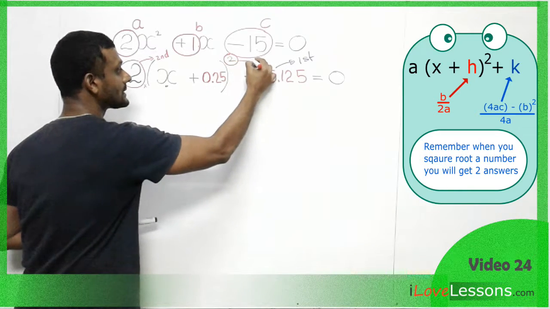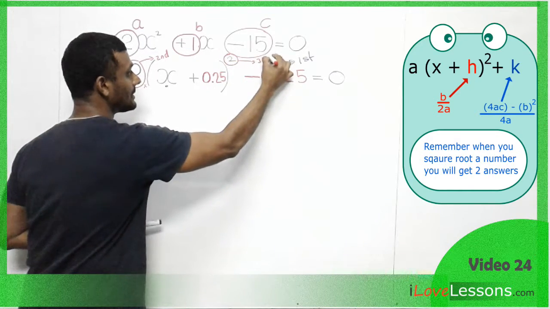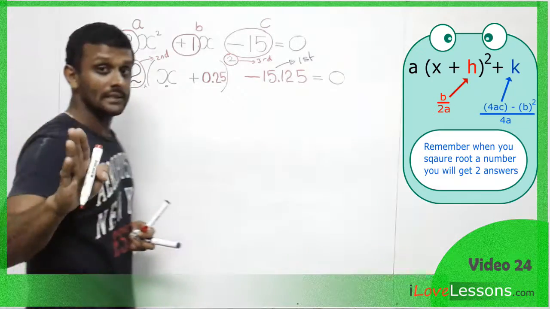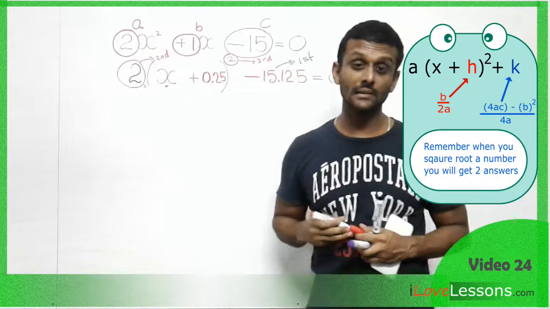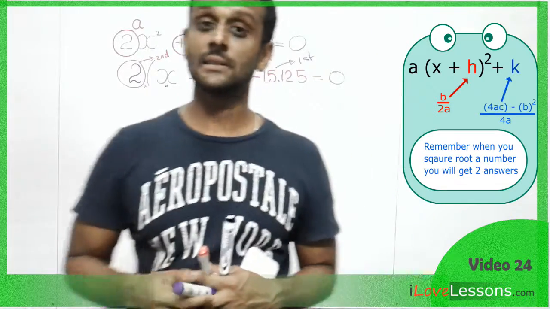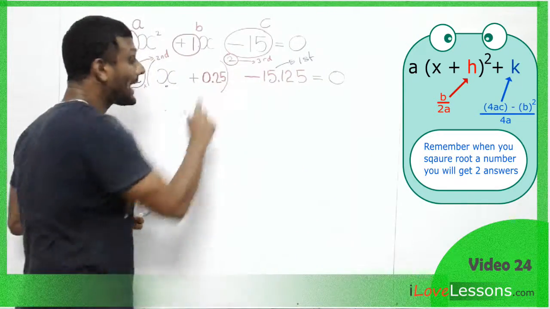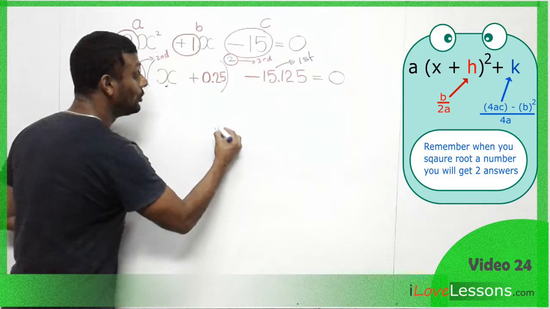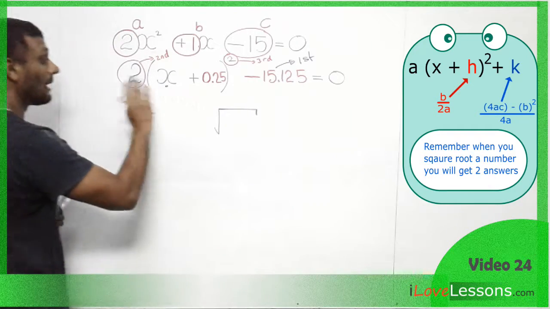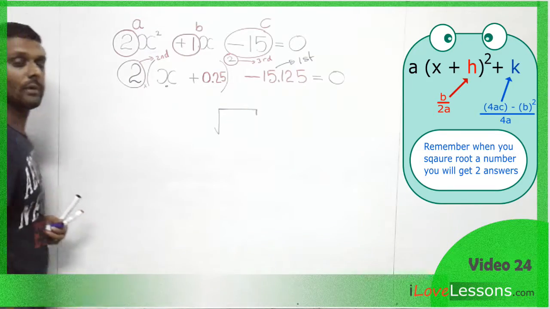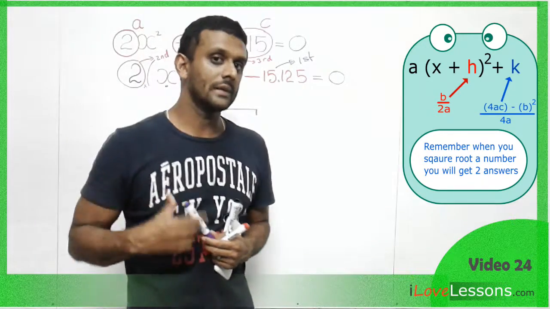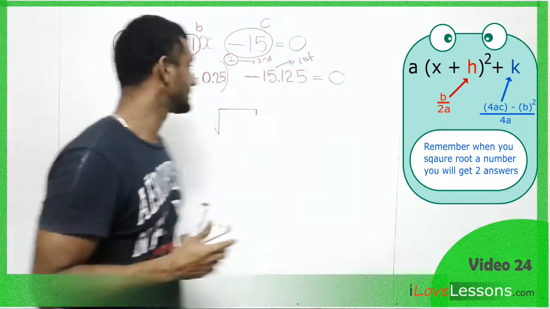Next on the list is the square. We're going to throw across the squared third. And remember the rule is, when you throw across something, once it crosses the equal sign, it will become the opposite. And the opposite of a square is square root. And remember, a few moments ago I was explaining that when you square root something, you don't get 1 answer, you get 2 answers.